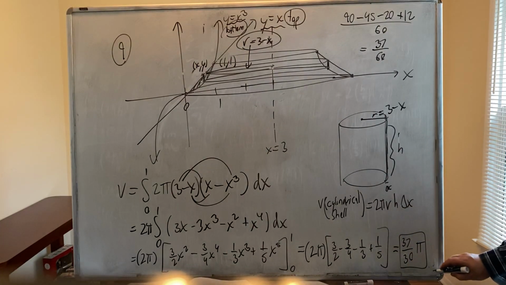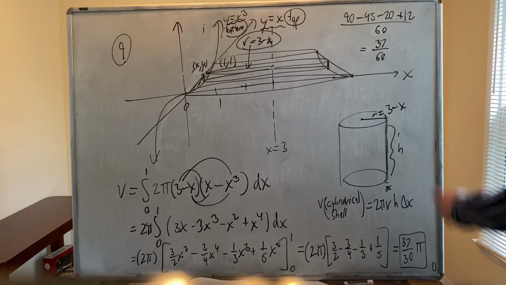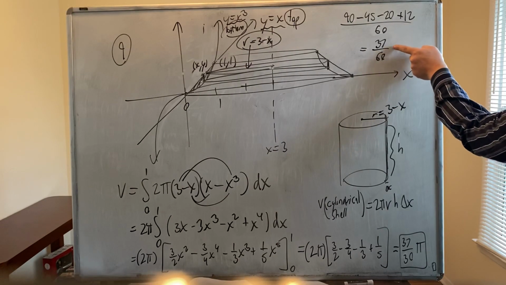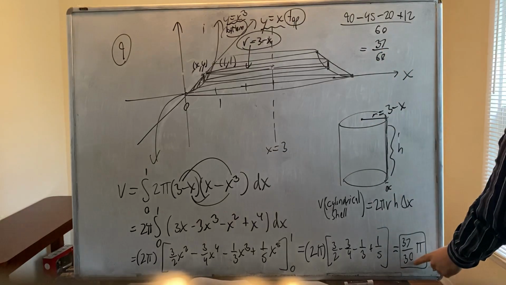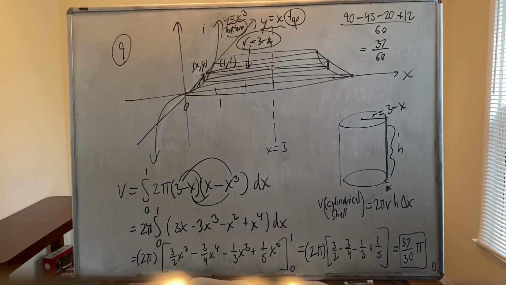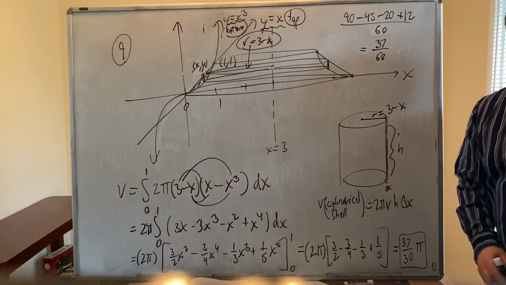Okay, so you multiply that by 2 pi, and instead of 2 over 60, it's 37 over 30. That's right. So the final answer is the volume is 37 over 30 pi.